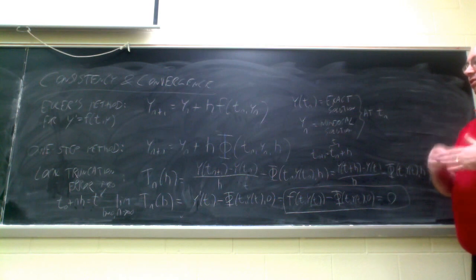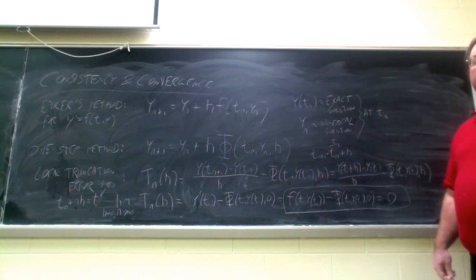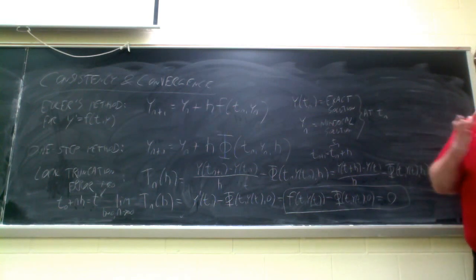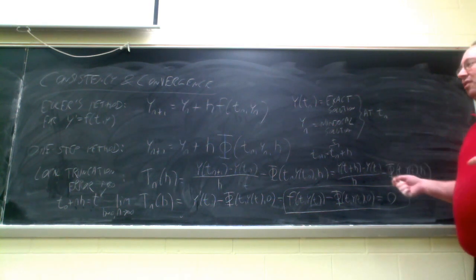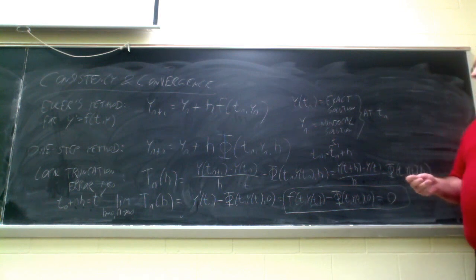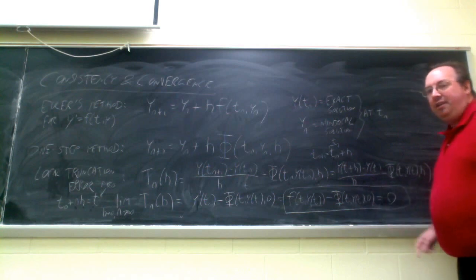Basically, the local truncation error, you can think of it as a measure of the error that's committed during a single time step. As your time steps are shrinking, the error you're committing during a single time step should get smaller and smaller. So as h goes to 0, there shouldn't be any error at all. So this criteria here is okay.